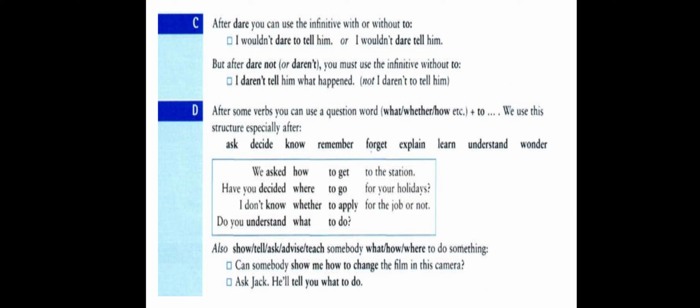I don't know whether to apply for the job or not. After the verb know, we have question word whether plus to plus the base form. Do you understand what to do? After the verb understand, we use question word what, and after it, we use to plus the base form.